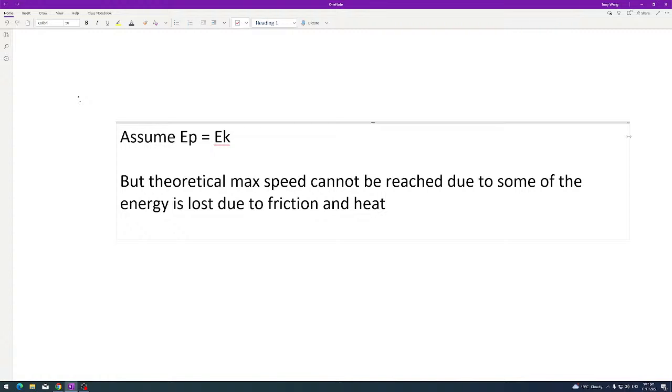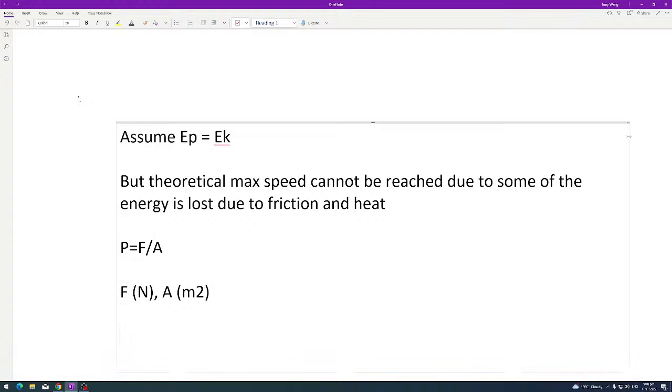A quick question: when putting area into pressure, is it always in meters squared? Pressure equals force over area. Force is measured in newtons, and area is measured in meters squared.